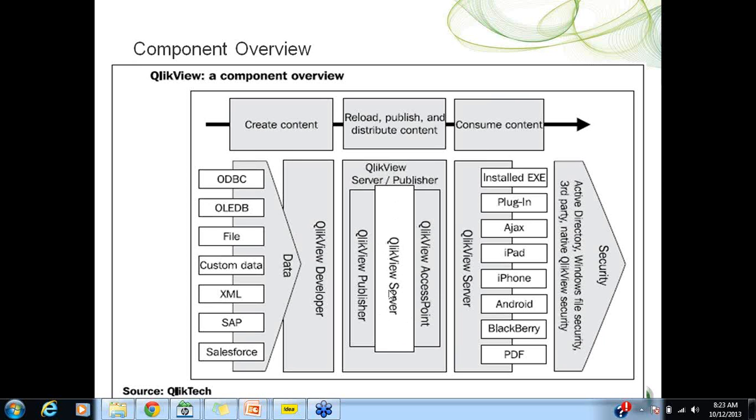Once this has been purchased, I can access the application in any Ajax-enabled browser. So consume content does not really mean a sellable quantity. If you have a client which provides Ajax functionality, you can consume the QlikView dashboard.